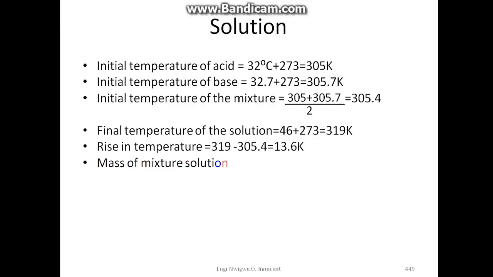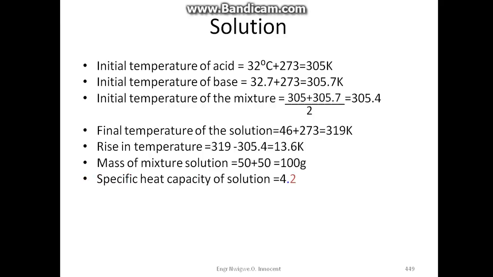Mass of mixture solution is equal to 50 plus 50 to give 100 gram. Specific heat capacity of solution is equal to 4.2 joule per gram per degree centigrade.